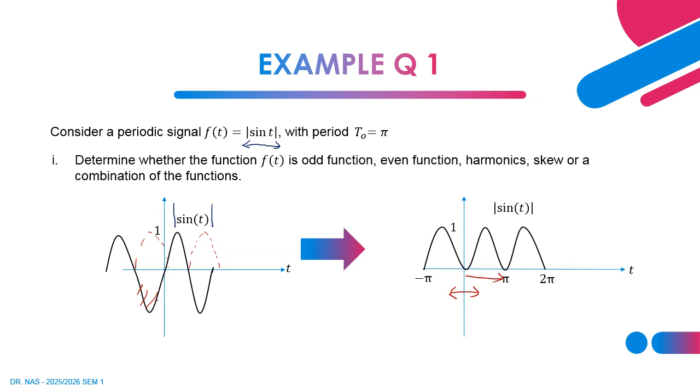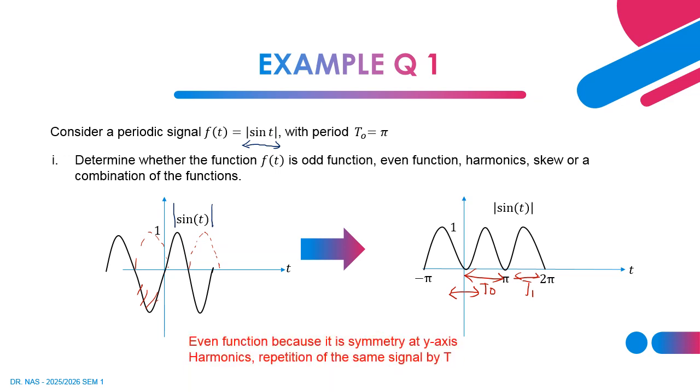So this is basically a harmonic signal as well. So this function is an even function because it is symmetry at the y-axis, and it is also a harmonic signal, as you can see the repetition of the fundamental signal by the same fundamental period. Basically, when you answer a question, please also provide some statement or justification to your answer.